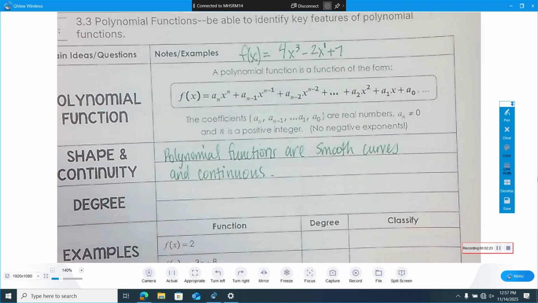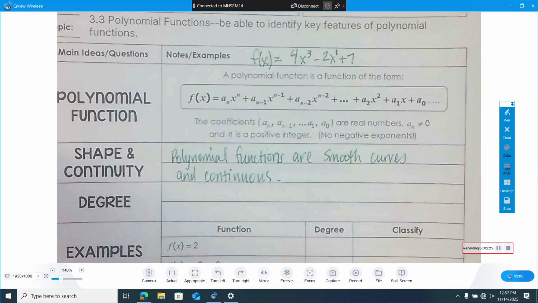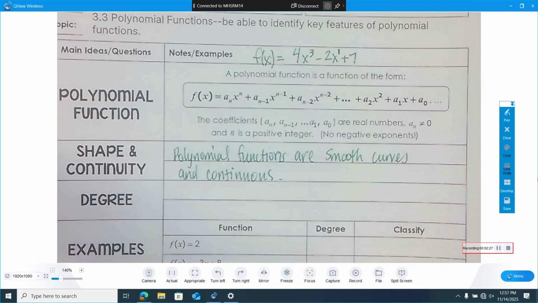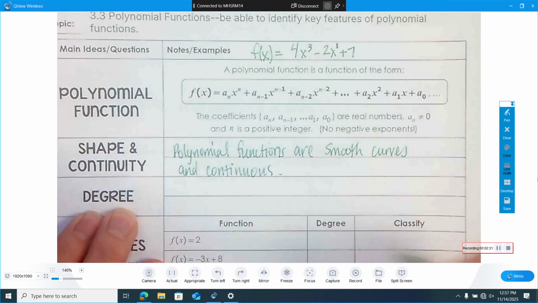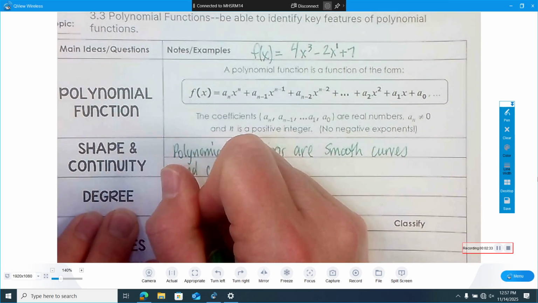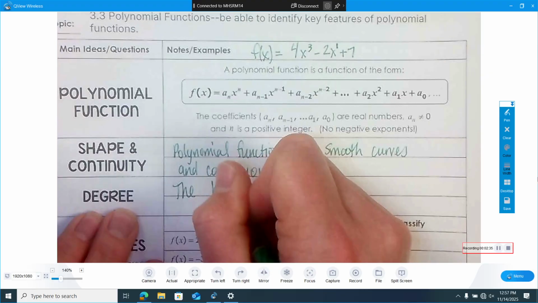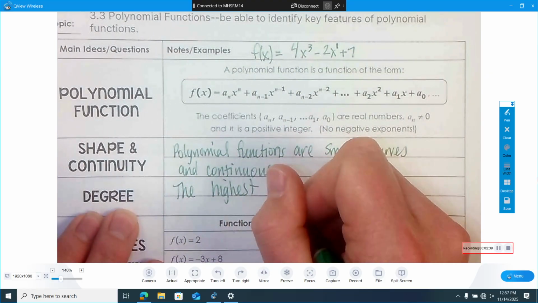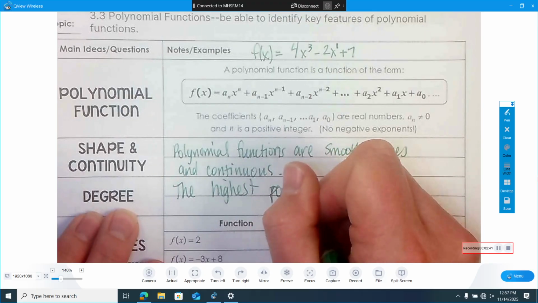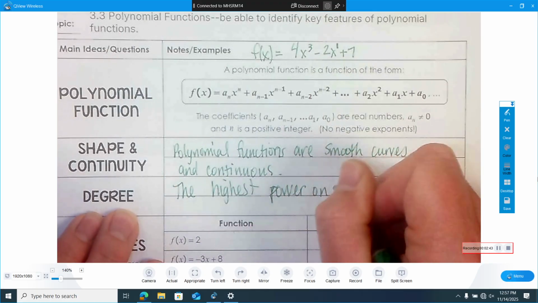And we can tell a ton about what a polynomial function looks like by simply knowing the degree. The degree of the polynomial is the highest power on x.